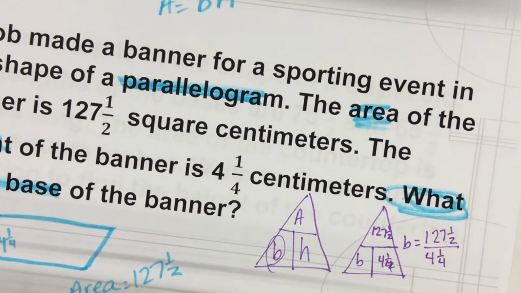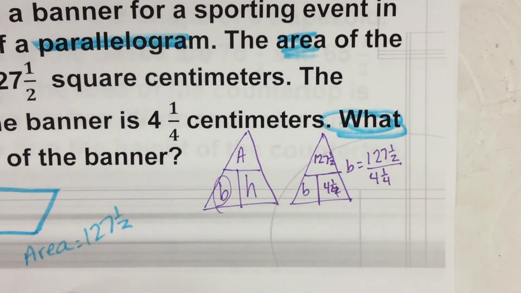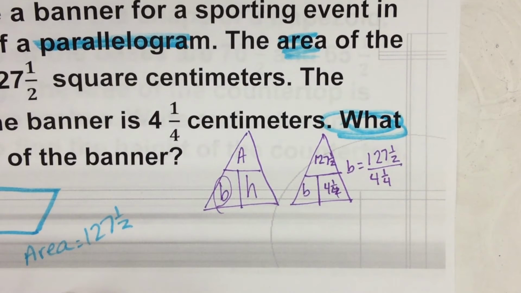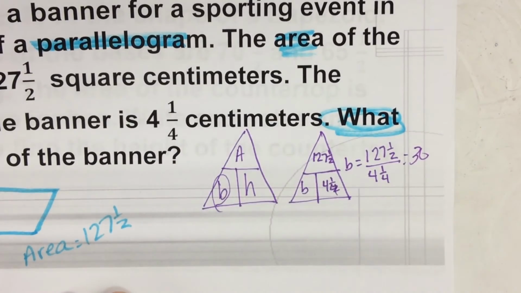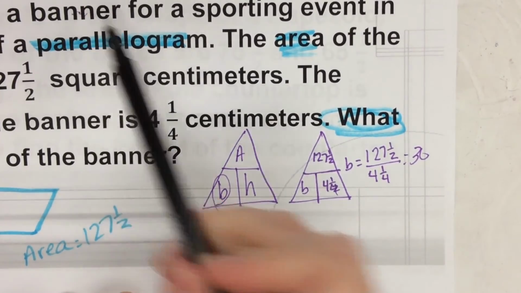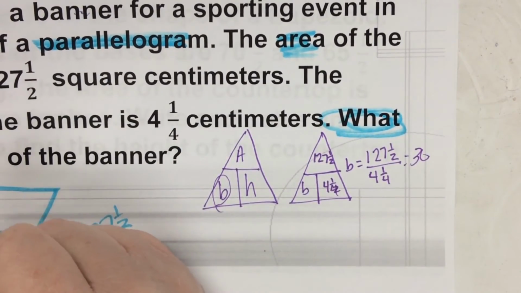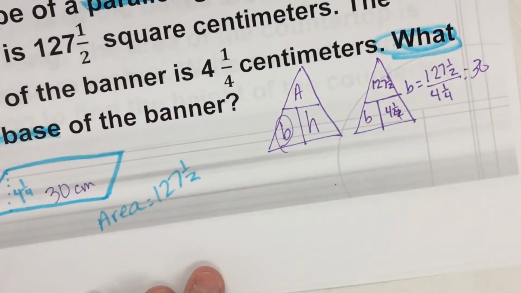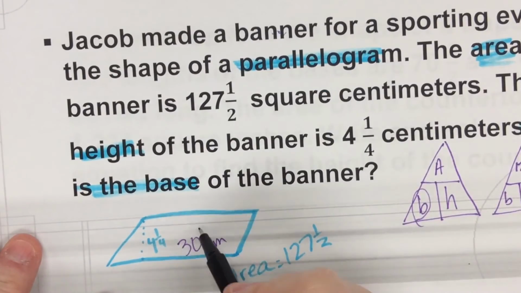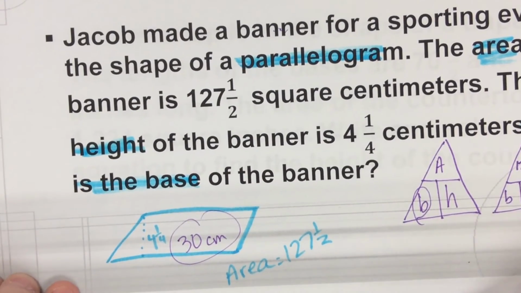I'm going to put that quickly here in my little calculator to not hold you up for too long here. But 127.5 divided by 4.25 is 30. So my base of this banner is 30 centimeters. Okay?